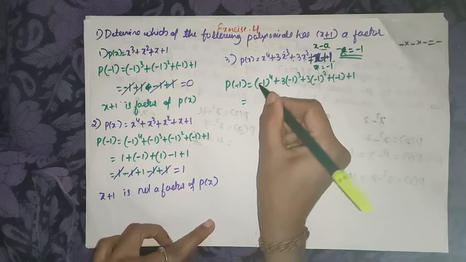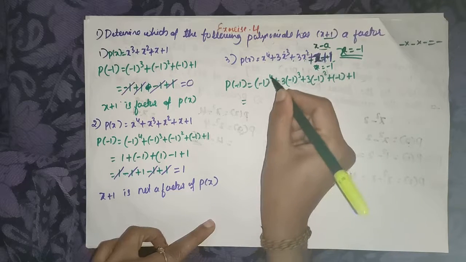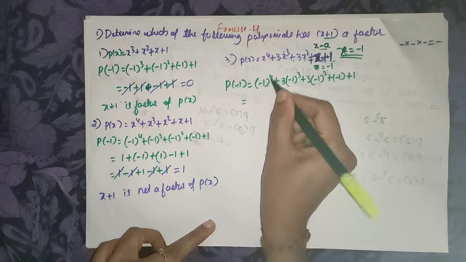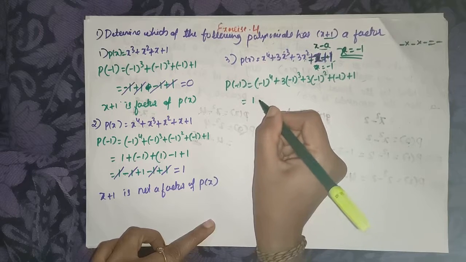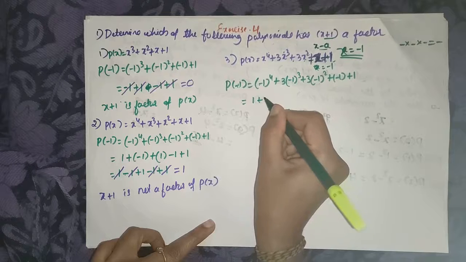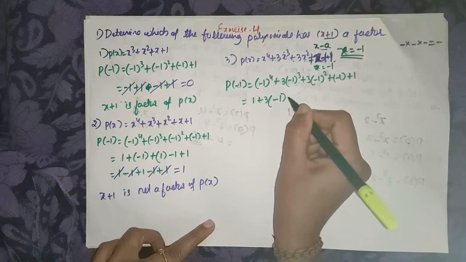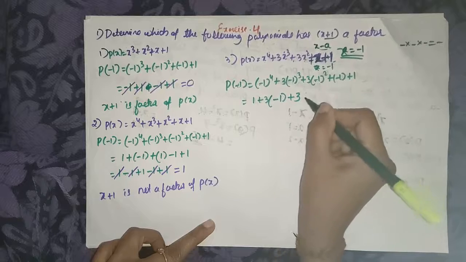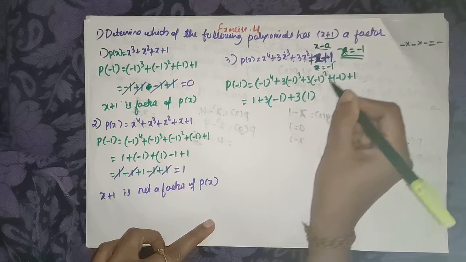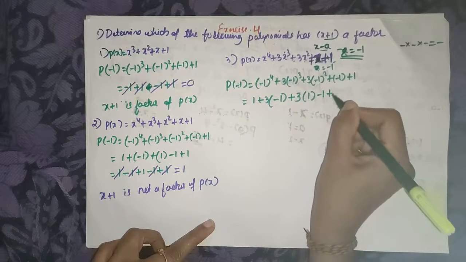So here minus to the power of 4 is plus because even power, plus 1 to the power of 4 is 1, plus 3 into minus cube is minus, 1 cube is 1, plus 3 into minus square, this is plus 1, plus into minus minus 1 plus 1.